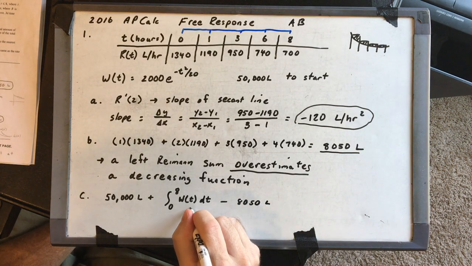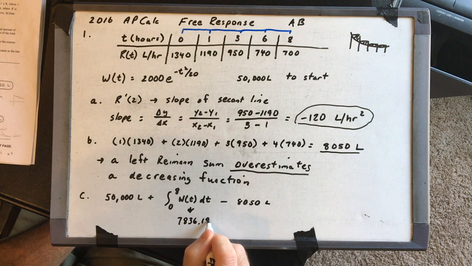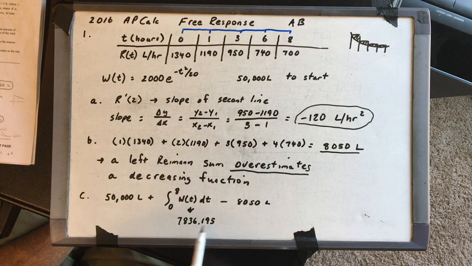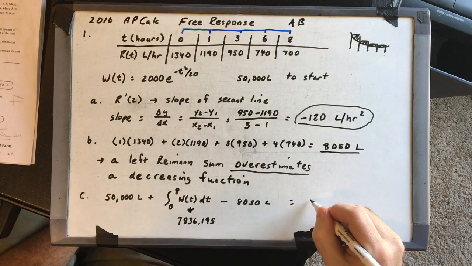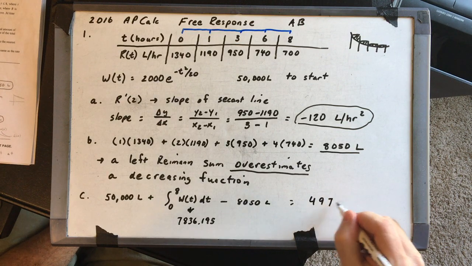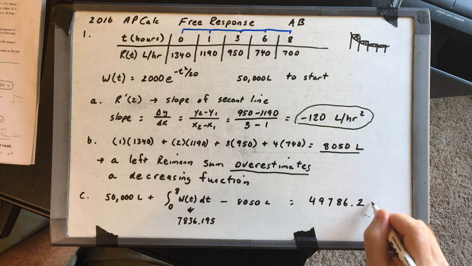Okay, so when you put that number in your calculator, go ahead and try that. You should get 7836.195. So 50,000 plus 7836 minus 8,050 is 49,786.2 liters.